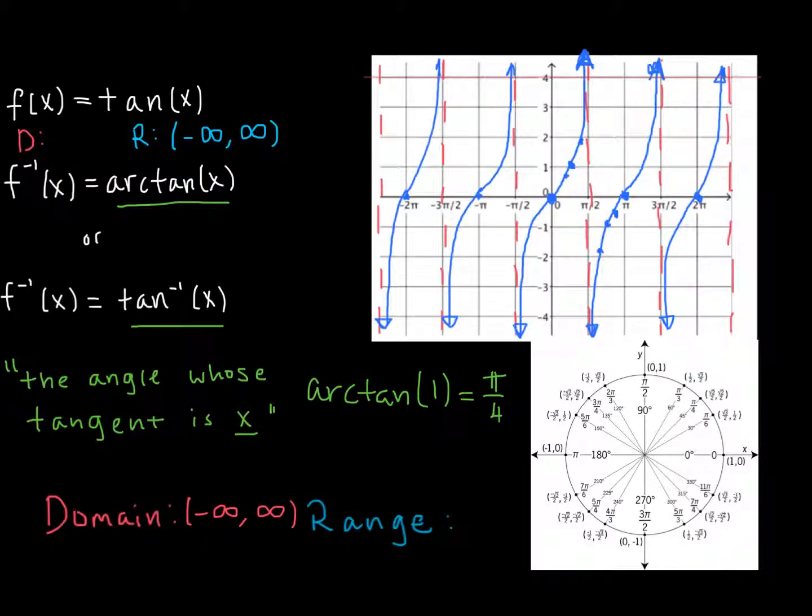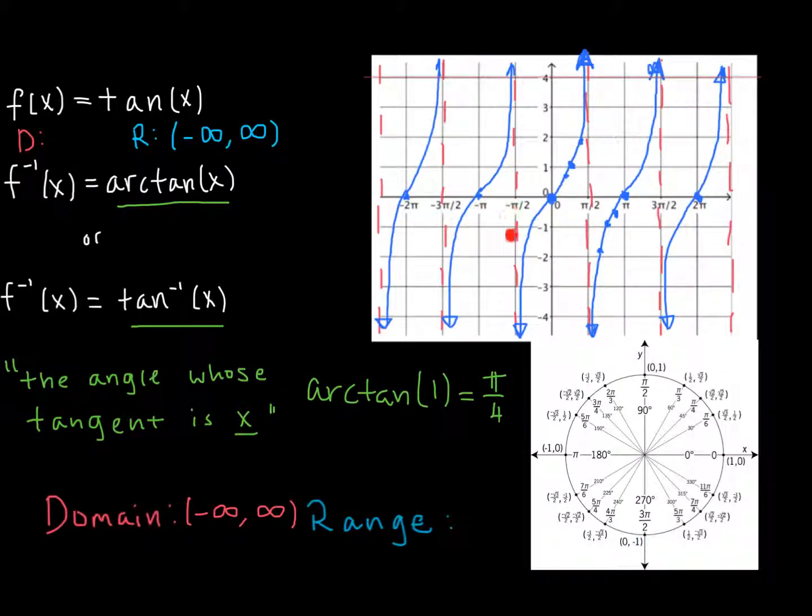In the first quadrant, I have all the possible positive values of tangent. Any possible slope you could imagine from 0 to positive infinity can be found between 0 and pi over 2. And similarly, all the negative values of tangent can be found between 0 and negative pi over 2.